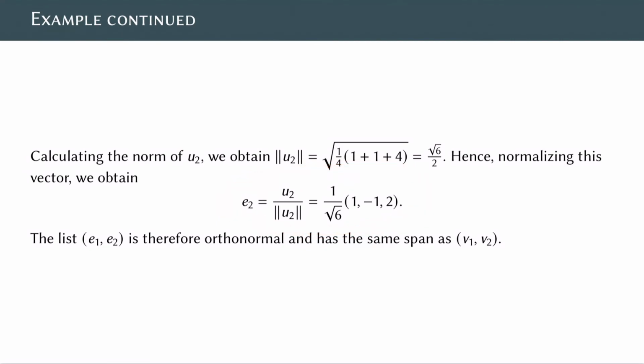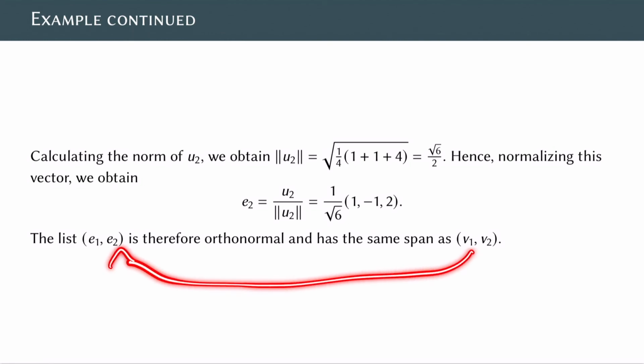So we have found a list of vectors E1 and E2 which are orthonormal and have the same span as V1, V2. By this Gram Schmidt procedure, given the basis vectors V1 and V2 for some subspace of R3, we have made it into an orthonormal basis by constructing E1 and E2.